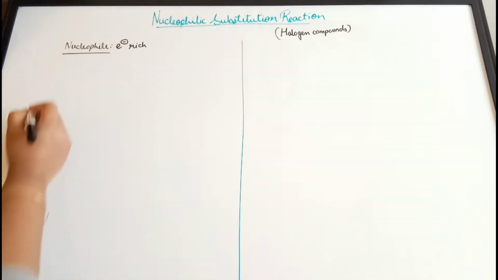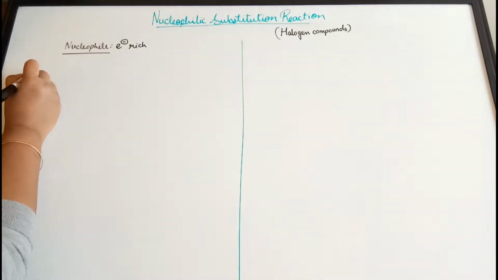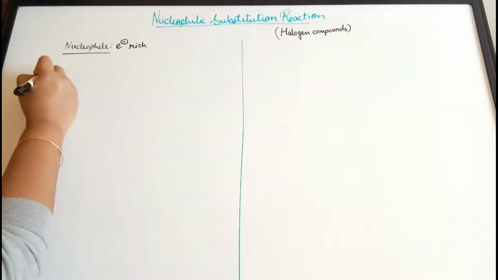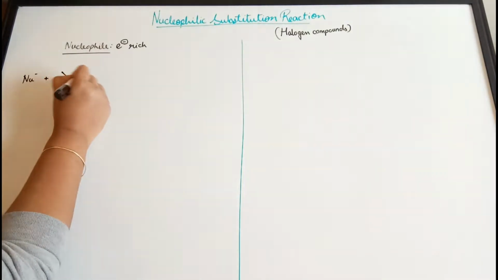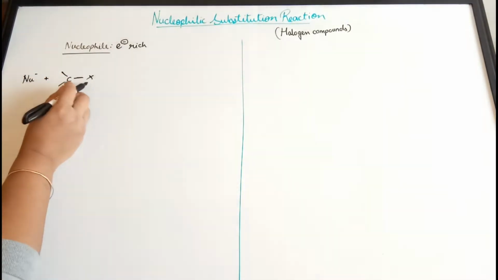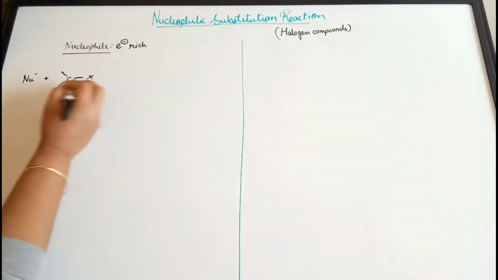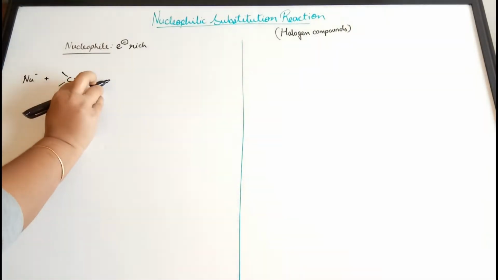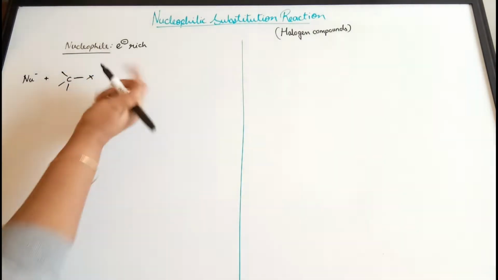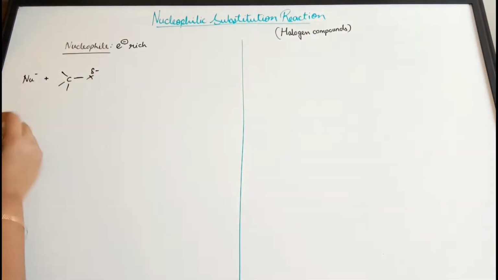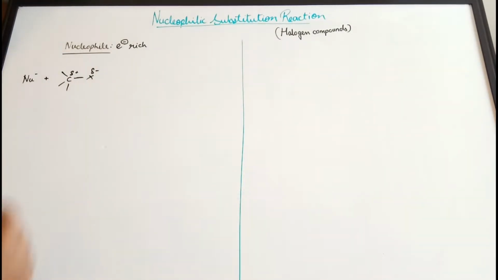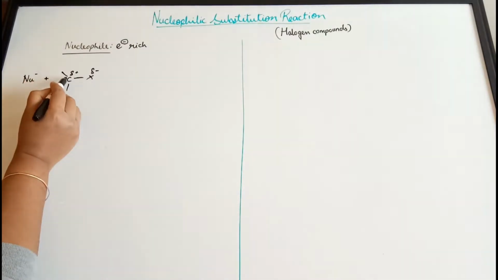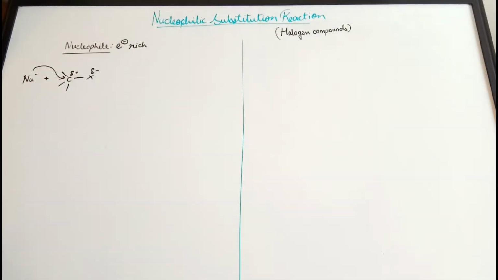So here you have a nucleophile. We are going to denote it as Nu minus. It's reacting with an alkyl halide. So the C is the carbon atom and X is going to be a halogen atom. Now, due to the electronegativity differences between the carbon and the halogen, you have a partial negative charge on the halogen and a partial positive charge on the carbon. So nucleophile is nucleus loving and electron rich, which means it will come and attack this carbon atom.